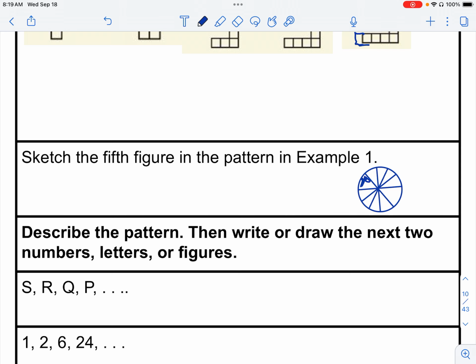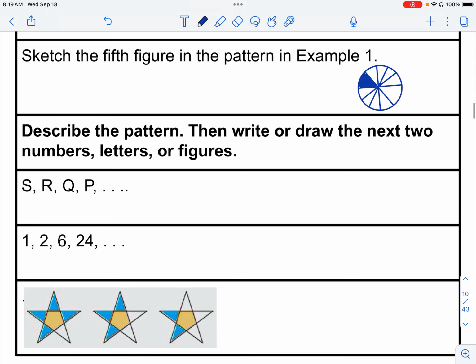All right, now we're going to color in the piece on the left, just into the northern hemisphere. And it's a sketch, so we don't have to measure. It doesn't have to be exact.